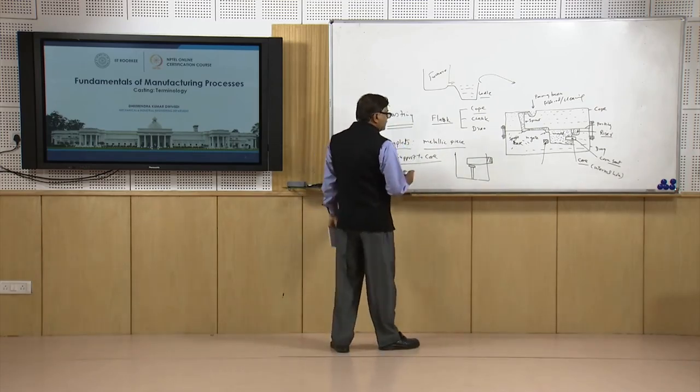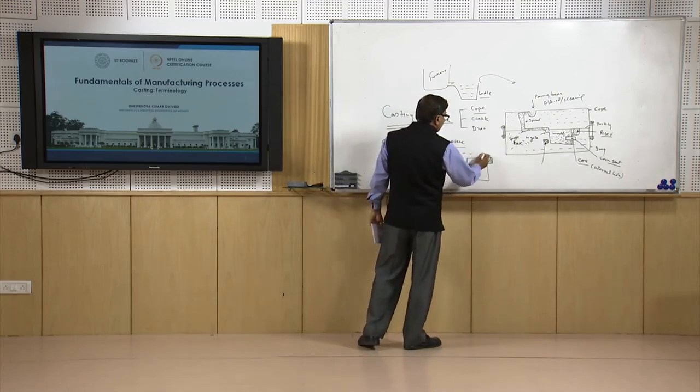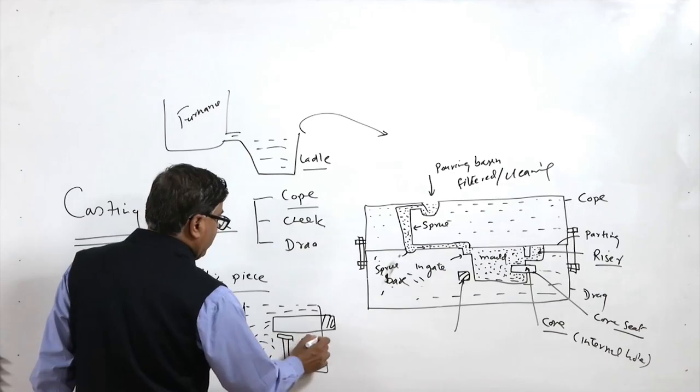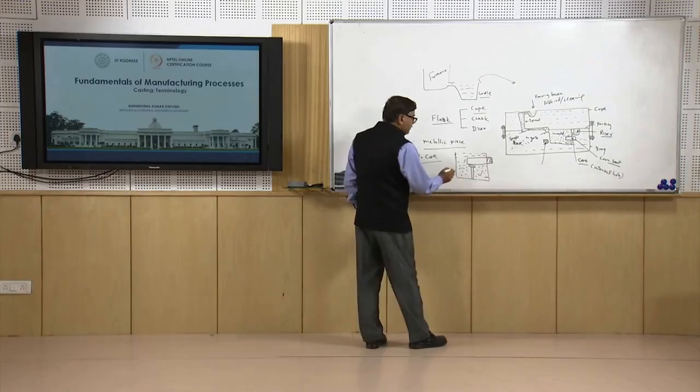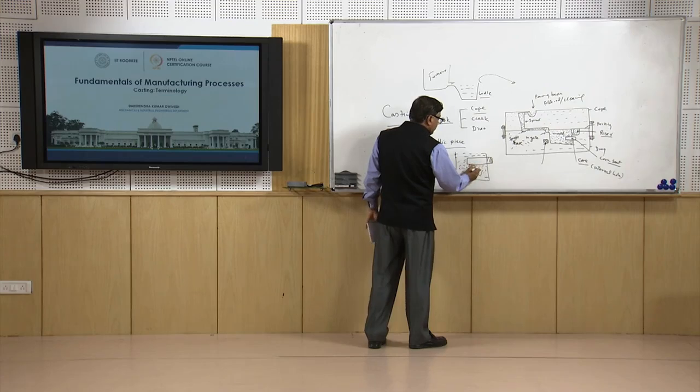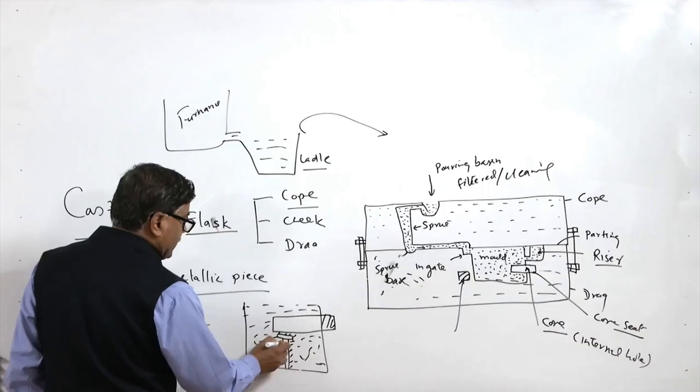It is expected that when the molten metal is poured, the surface of the chaplet will be under the influence of the heat of the molten metal, the surface of the chaplet will be melted down and it will form part of the casting.